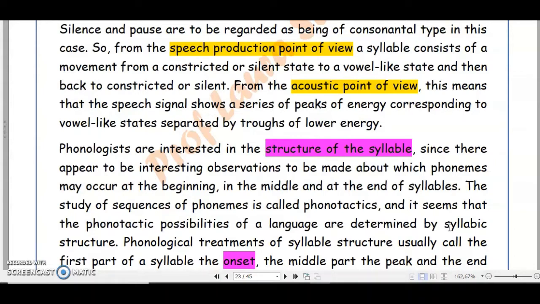And if you put that inside a sentence, or if you say no as an answer in different ways, for example, if you are surprised, no. If you are angry, no, the energy peak is different, okay? So from the acoustic point of view, the speech signal shows a series of peaks of energy corresponding to the vowel. The vowel is the energy, separated by troughs of lower energy, when there is a depression of energy, okay?